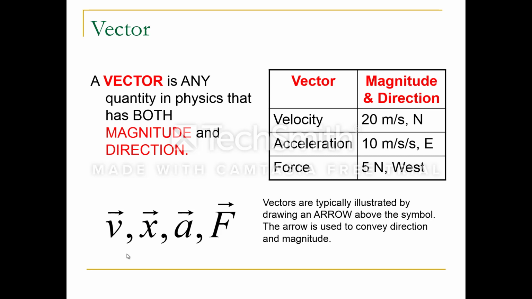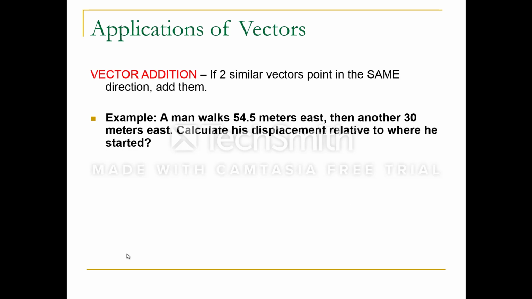Force, which we'll get to in the next unit. When you're looking at vectors, by standard convention, you normally put an arrow over it to indicate that it is a vector. So velocity would have an arrow, displacement would have an arrow, acceleration, force, those would all have arrows over them to indicate that they are a vector.